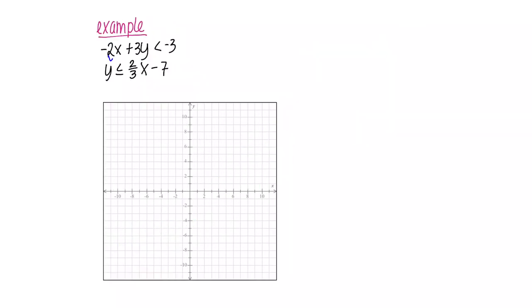So nice, one of these is already in slope-intercept form. Let's take the first one and put him that way. Right, adding 2x to both sides. I have 3y less than 2x minus 3. Divide everything by 3.